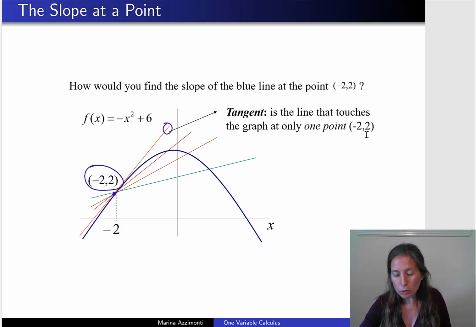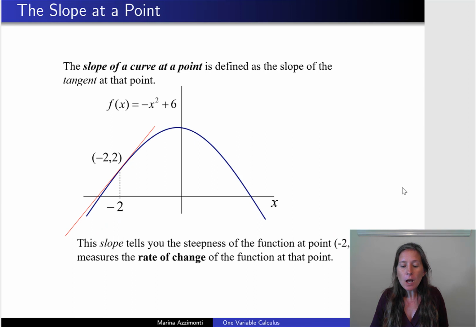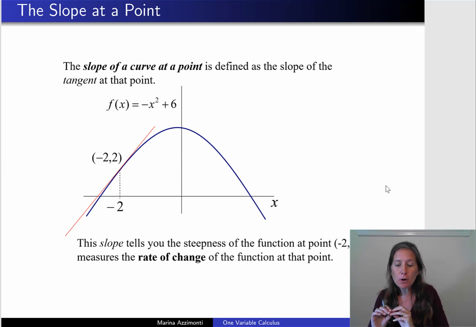Of course, if you want to compute the slope at a different point, you have to compute the slope of a different tangent, the tangent that touches the graph at that different point. In general, for any function that is not a straight line, we define the slope of a curve at a particular point as the slope of the tangent that passes through that point.